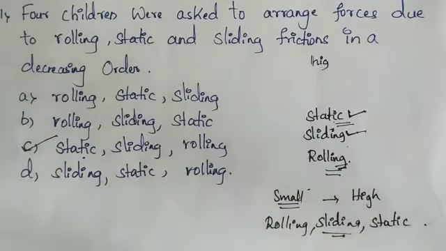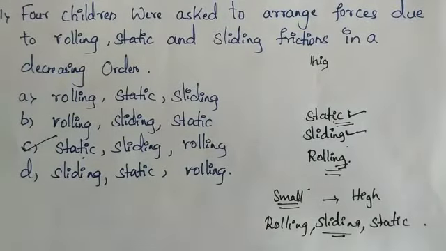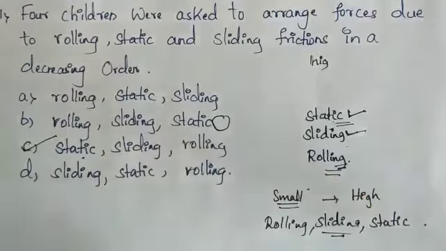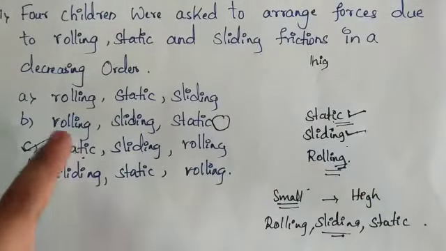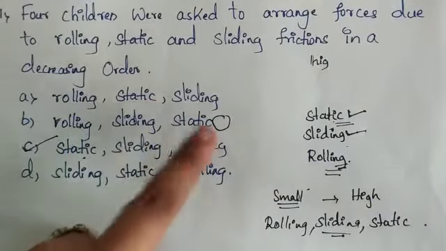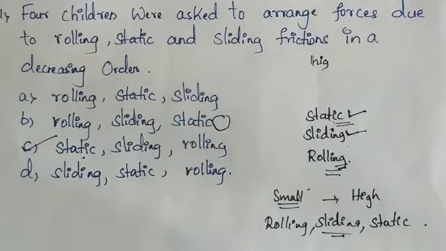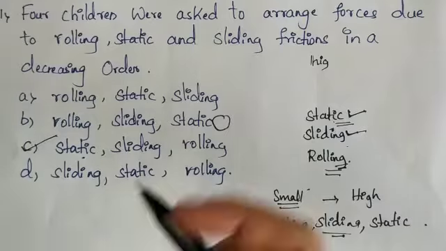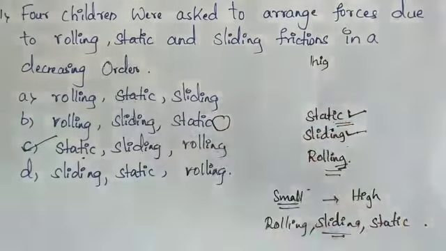So you are going to choose option B: rolling friction, sliding friction and static friction. This question may be asked in two ways: decreasing order or increasing order.